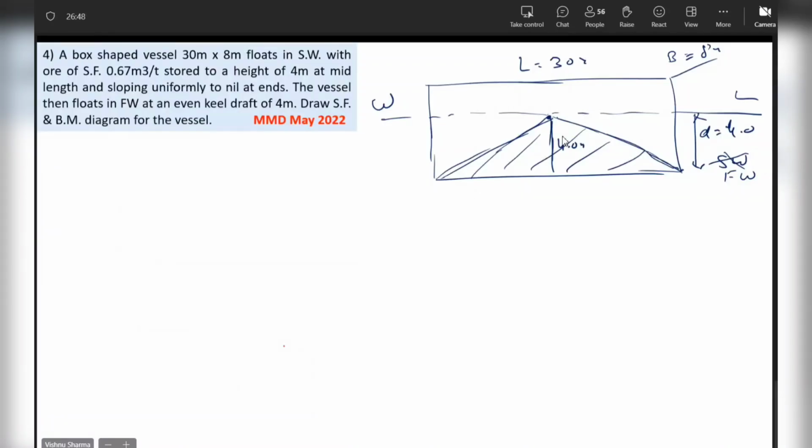Are you good with the diagram? First step is diagram.